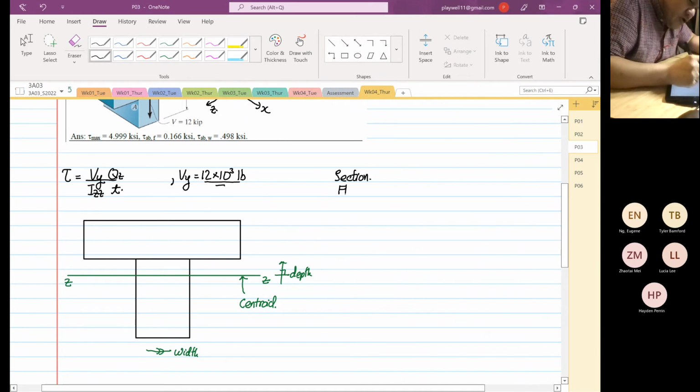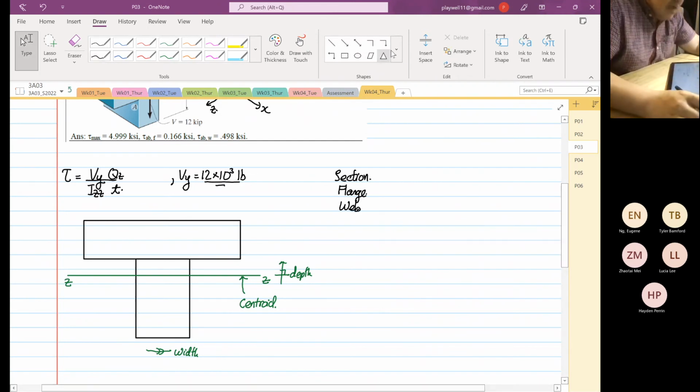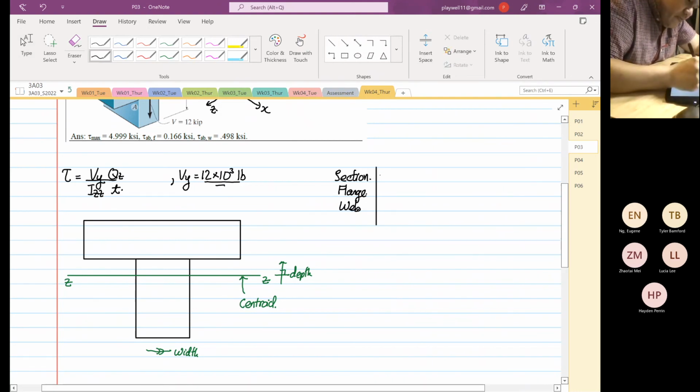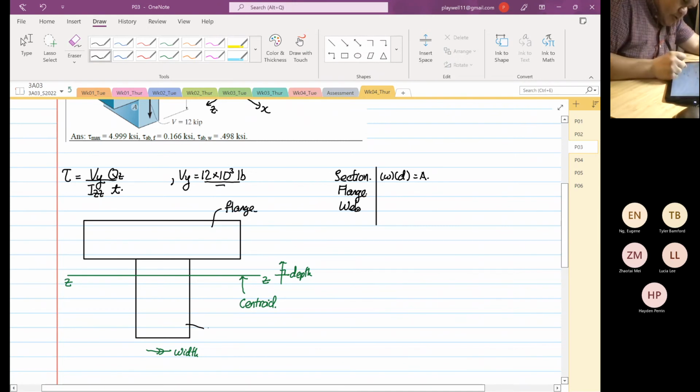Then you have your flange, and then you have your web. Okay, and then we will have your width, depth, is equal to area. So this is what we call our flange, and this is what we call our depth.